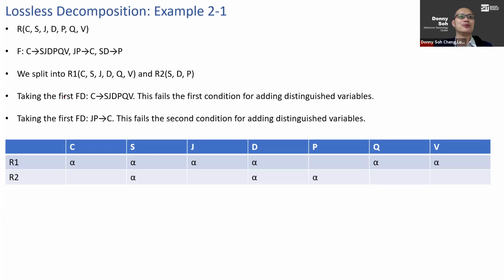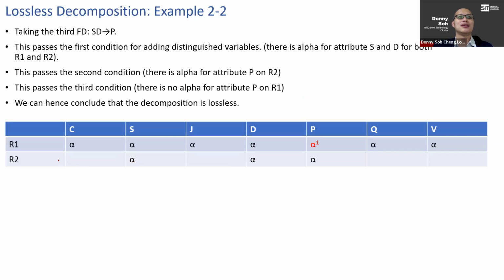So in this example, we found that we are able to recreate back my entire table from my sub schemas. But although I have recreated back my entire table, one of my FD is lost.